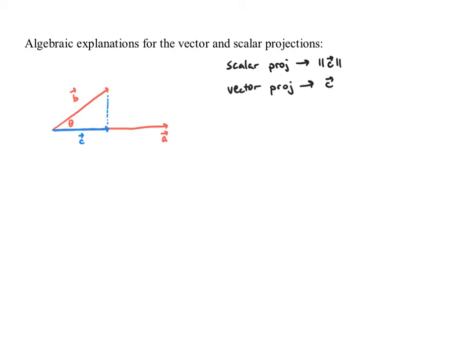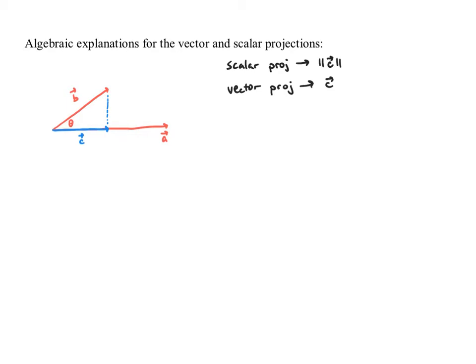Okay. Now here's what it is in the context of A and B. So what we have is a vector B, and we really want to have an idea of what type of impact B has on A. So B is off of A by an angle of theta. We want to know what is the horizontal component, or the component along A, in which B affects A. And we want to know how it affects it both in magnitude and in size.